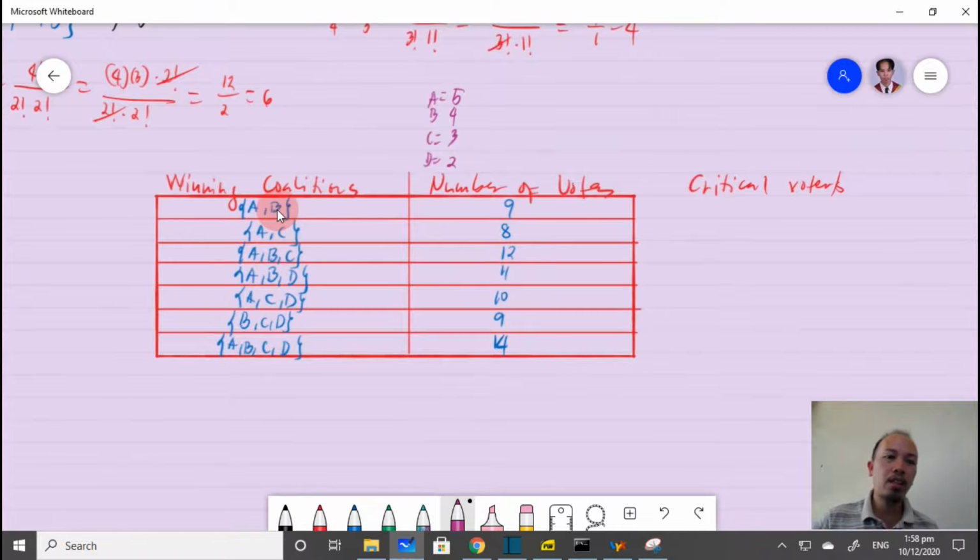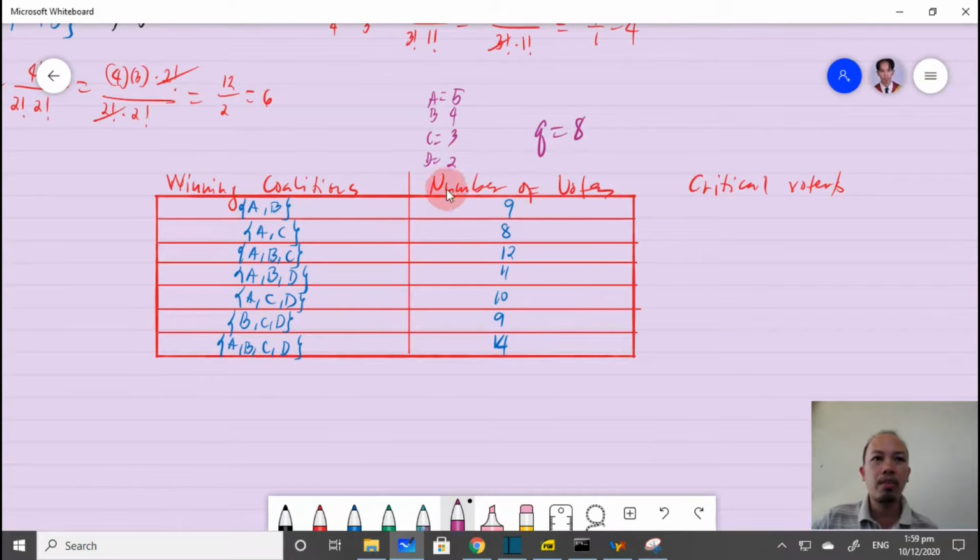If I take out A, what would be the total number of votes? A is 5, 9 minus 5, and let me write it here, the quota. The quota is 8.